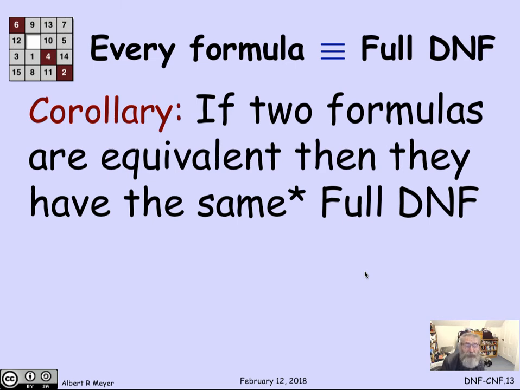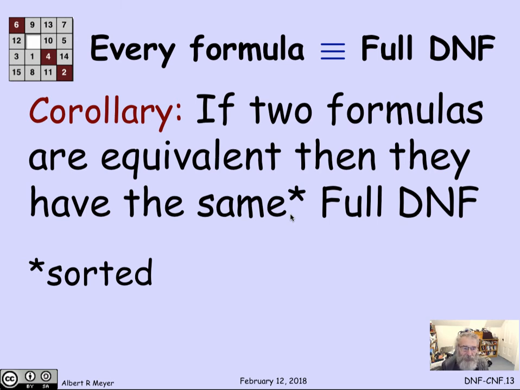In particular, this means that if I have two formulas that are equivalent, remember equivalent means that they have the same truth table, well, if they have the same truth table, then they're going to wind up with the same full DNF formula. So if two formulas are equivalent, then they are actually equivalent to the same full DNF formula. Where same, I need to hand wave a little bit because I have to alphabetize or sort the terms in the full DNF.